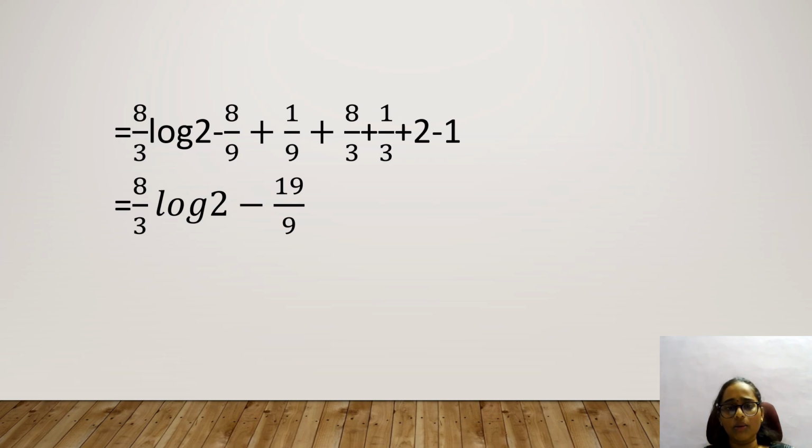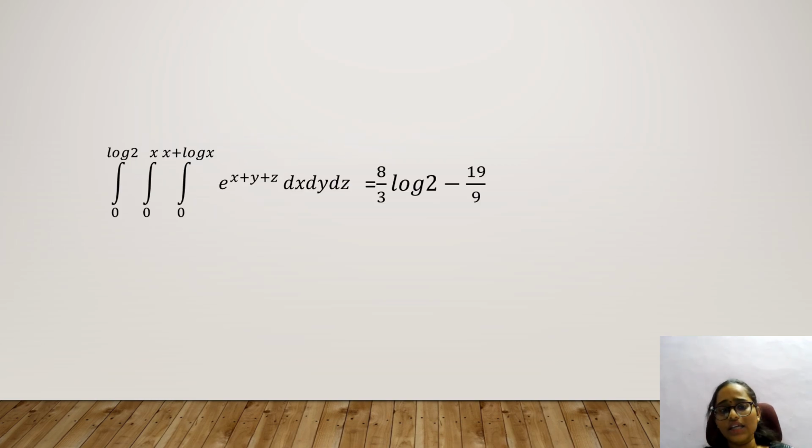By substituting the above equations, we can write 8 by 3 log 2 minus 8 by 9 plus 1 by 9 plus 8 by 3 plus 1 by 3 plus 2 minus 1. Keeping 8 by 3 log 2, and by taking all the remaining factors in LCM form and substituting, we will get 19 by 9.